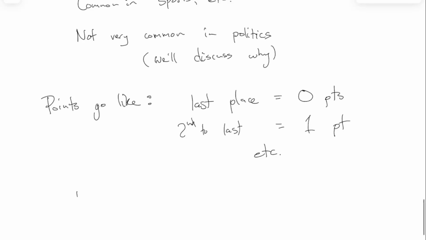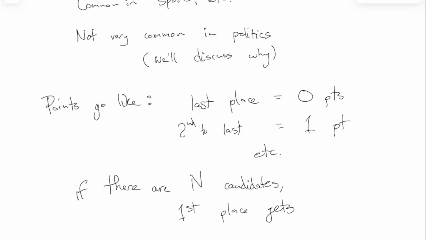It's a little ambiguous if you just ask me how many points you get for first place. It depends on how many total candidates there are, because you start with 0 in the last place and then you go up one more. But we can say if there are n candidates, then the points that you get go 0, 1, 2, 3 up to the top.